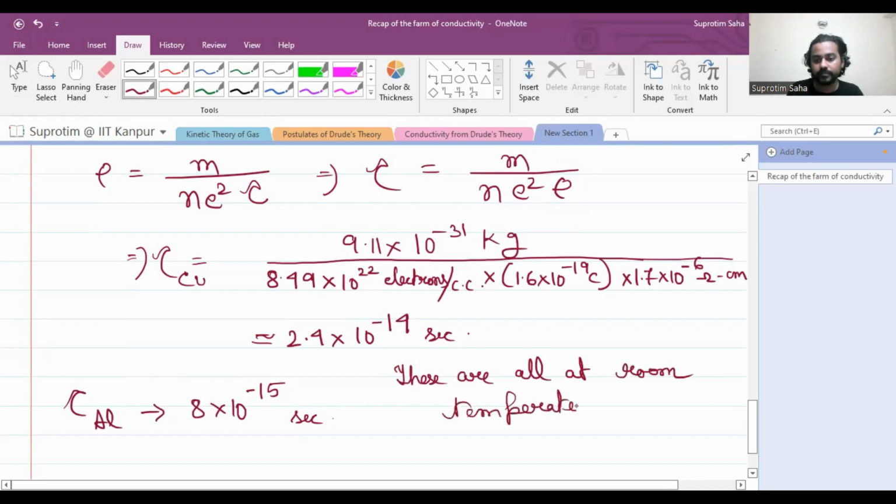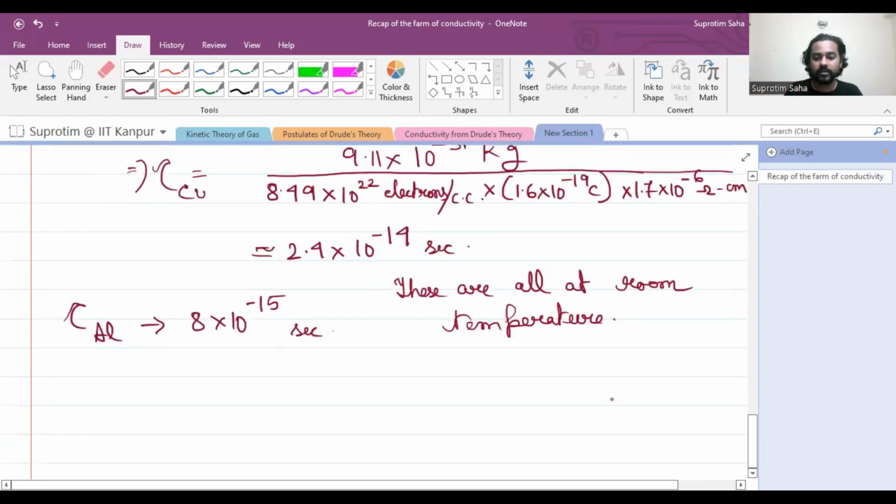Fair enough. All right. So these are the room temperature values of the mean time scale between two collisions for two different materials. Now you have in hand the time between two successive collisions.